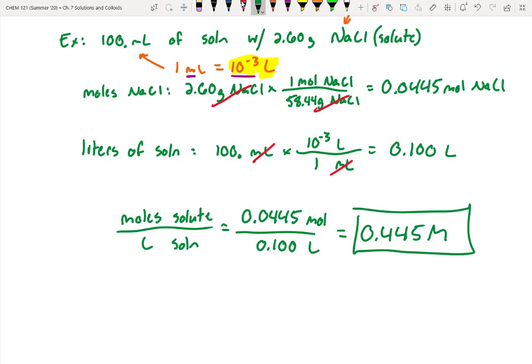And it's important to remember that molar is the same thing as moles over liter. You can use them interchangeably here. Okay, so hopefully this makes sense.